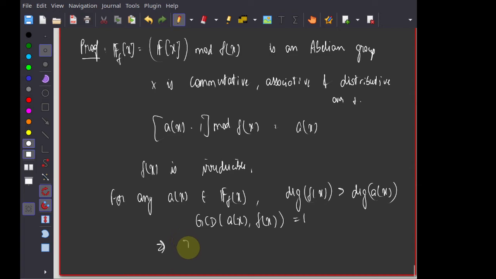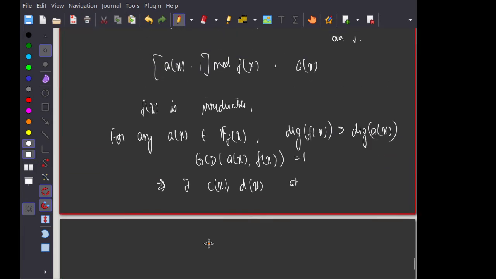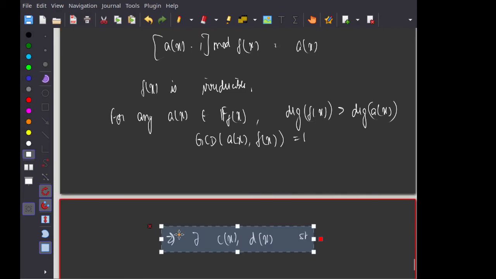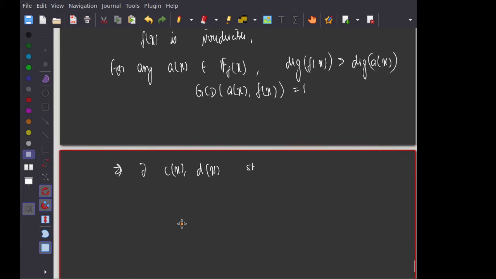It implies that you can find some c(x), d(x), some polynomials such that a(x) times c(x) plus f(x) d(x) equal to 1.